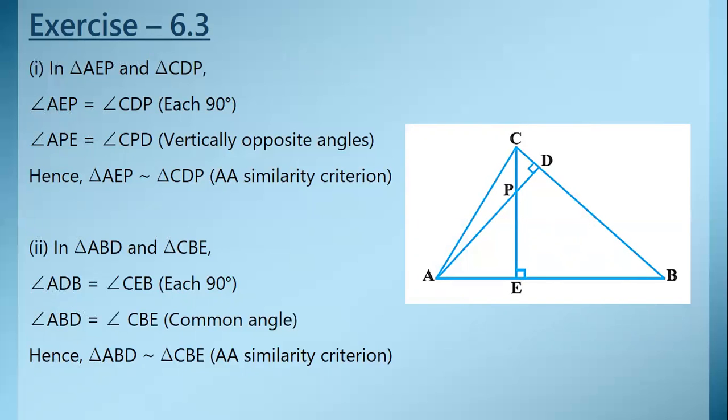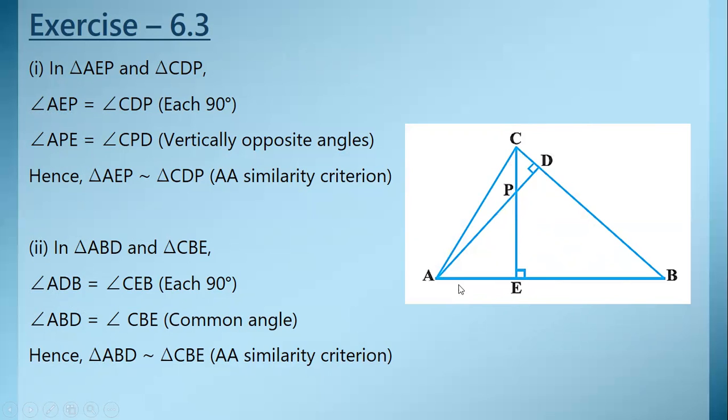Now, first let us consider triangle AEP and CDP. So these two triangles we have to consider for now. Now angle AEP is equal to angle CDP. They are both 90 degrees, and angle APE is equal to angle CPD, which are vertically opposite angles.